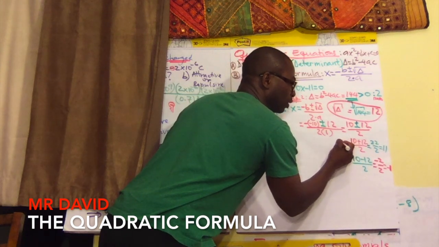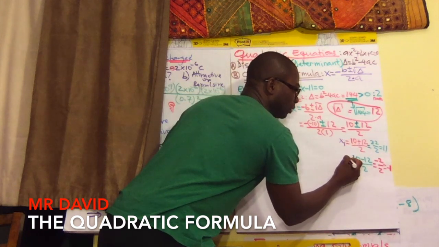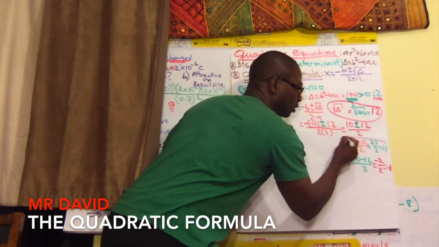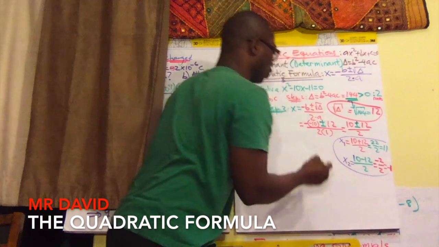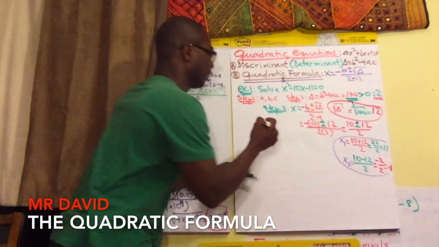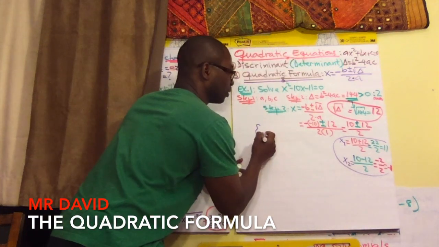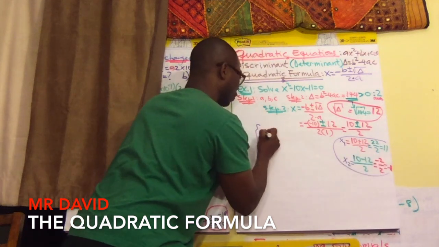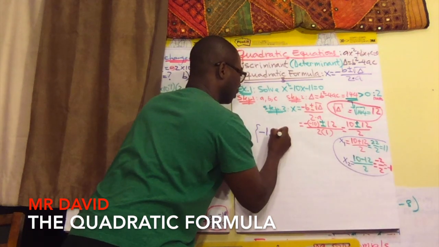So these are my two solutions. If you want to write your answer correctly, it will be 11 and negative 1, or negative 1 and 11. It doesn't matter which one you write first.